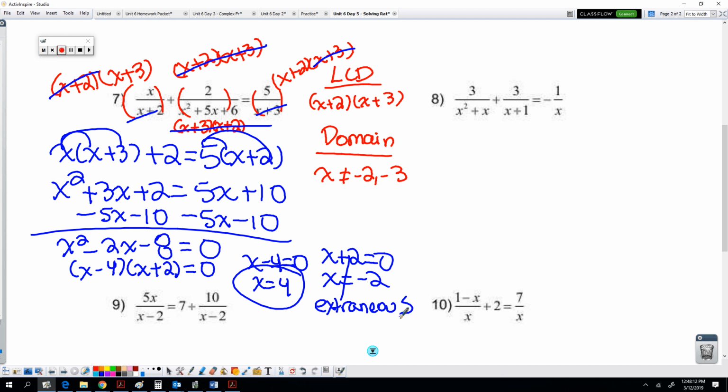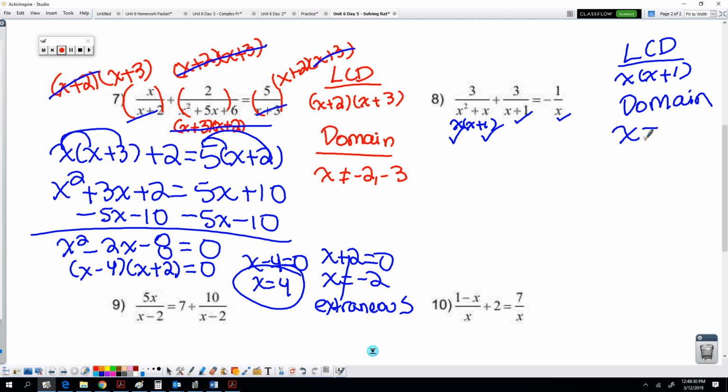All right, number 8. So what we're going to do is factor first. So we're going to find my LCD and then find my domain. My LCD is, check off what they have in common, and then write it down. And now my domain is x cannot equal 0 and negative 1.